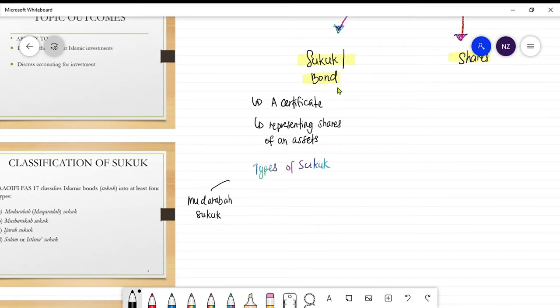Sukuk is like a paper certificate, which whoever owns this certificate has shares in the asset.